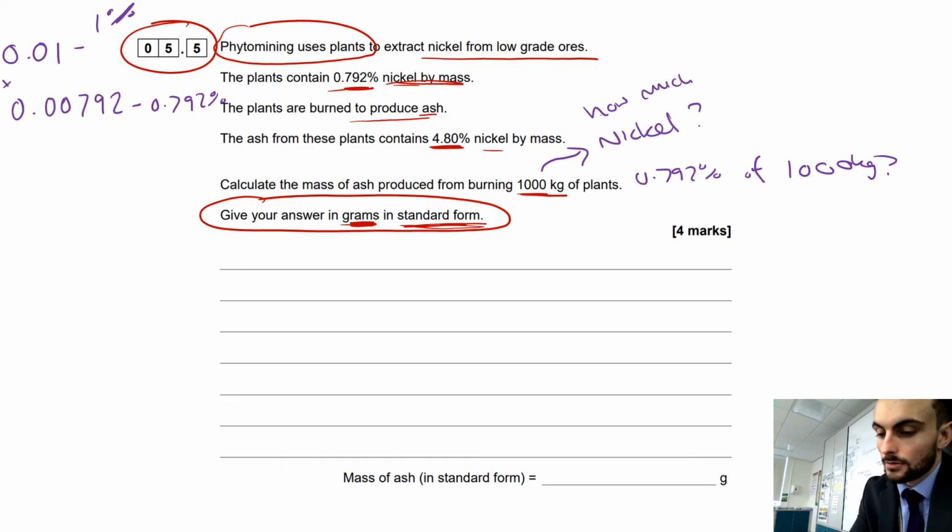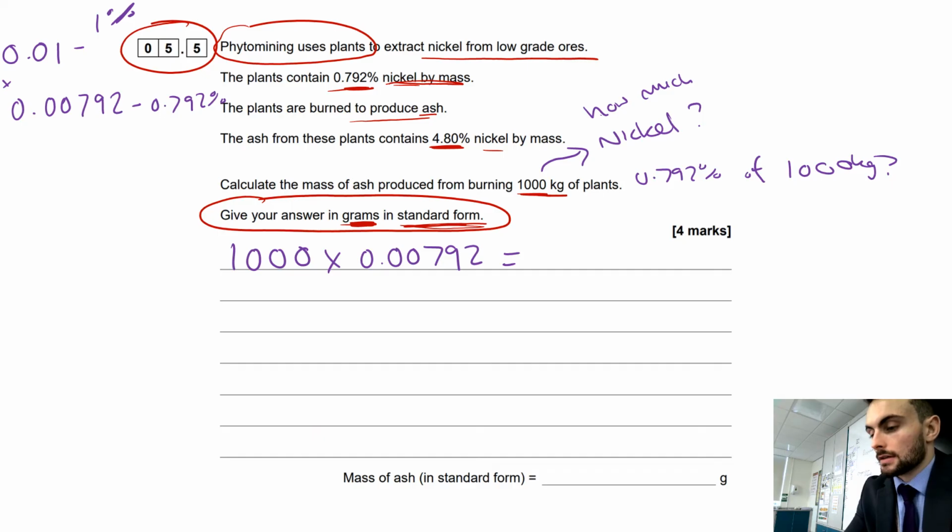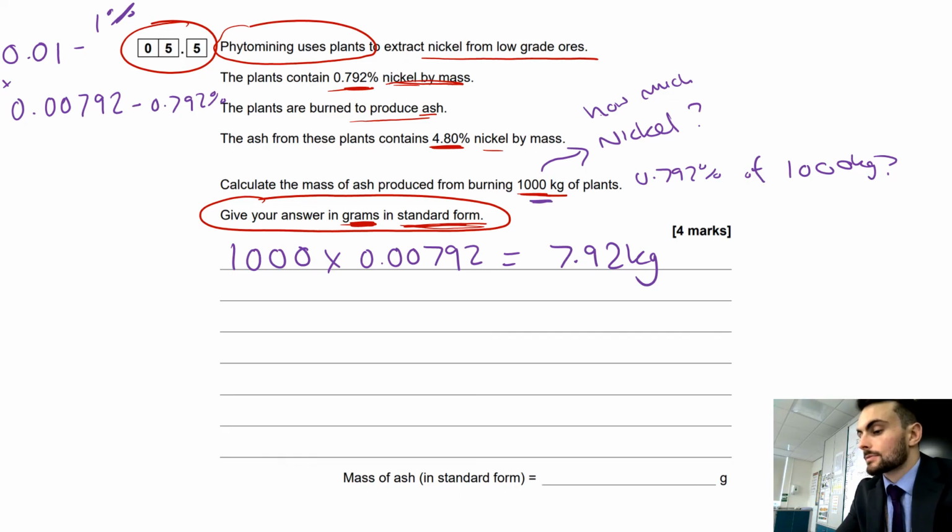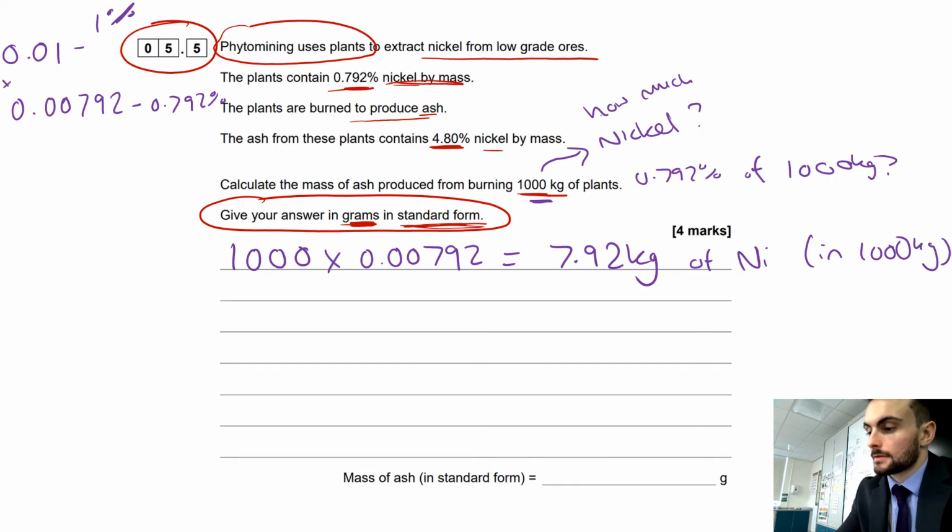So the first thing I'm going to do is 1,000 times 0.00792. It's going to give me 7.92 kilograms. That tells us that in 1,000 kilograms of plants, there is 7.92 kilograms of nickel.